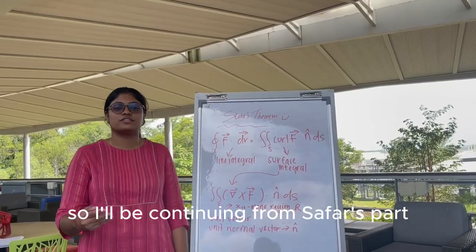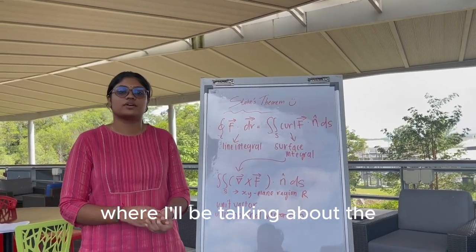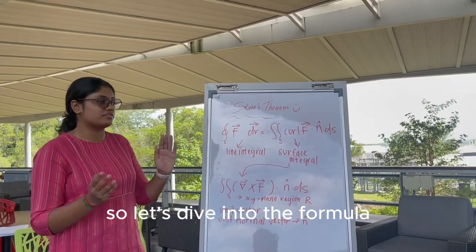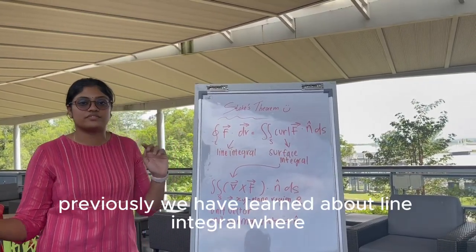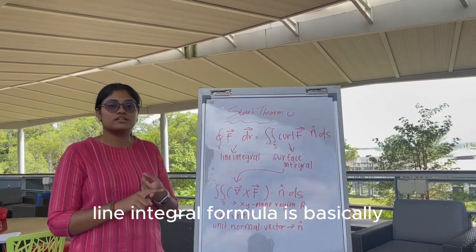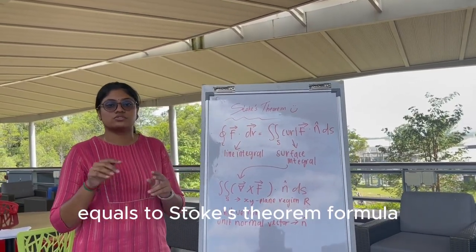So I'll be continuing from Safa's part, where I'll be talking about how to calculate Stokes theorem. Let's dive into the formula. Previously we learned about the line integral, where the line integral formula equals the Stokes theorem formula.